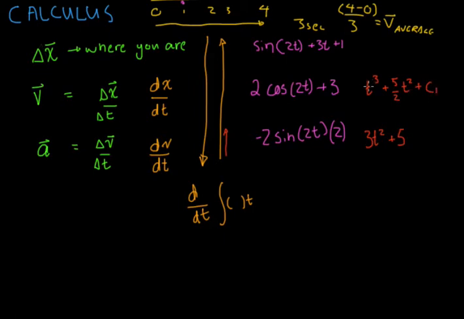At any rate, so let's integrate this to get the displacement as a function of time. So the integral of t cubed is t to the 4th over 4. The integral of 5t is 5 over 2 t squared. This is a little ugly, but oh well. Plus c1 times t.